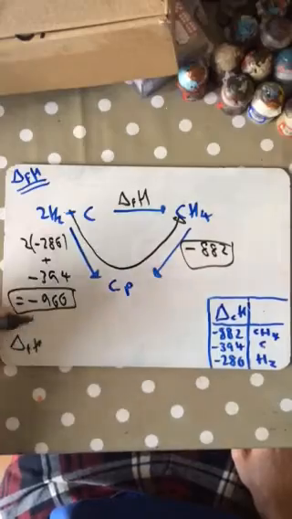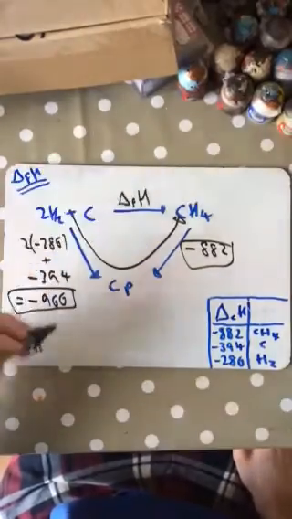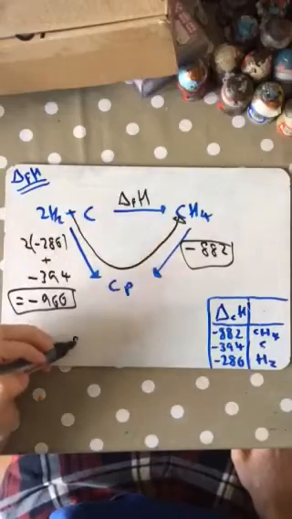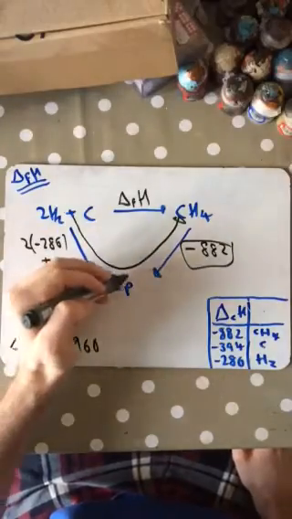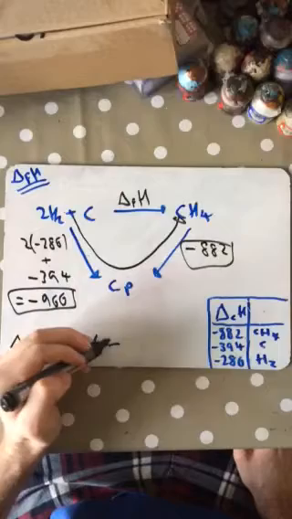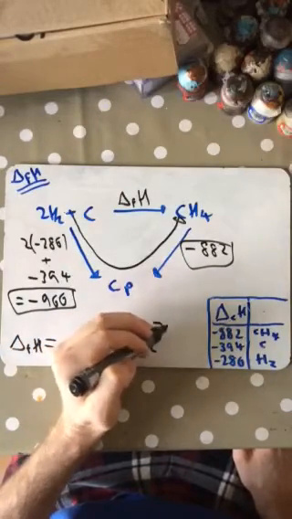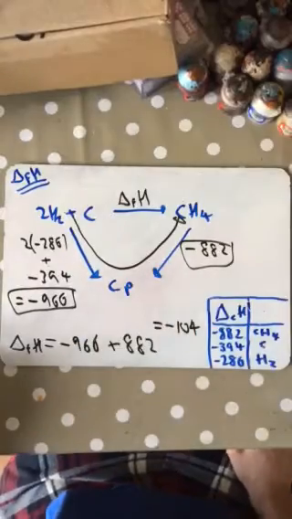So my enthalpy of formation, route 1, will equal, I'm going with the arrow, so I keep the sign. I'm then going against the arrow, so I flip the sign. That becomes a positive, and that'll come to minus 104.